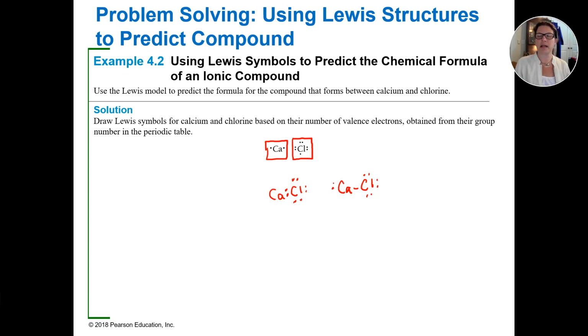But calcium still has an extra electron. And so that means another chlorine can come in and take that from the calcium. So now I have a second chlorine that's going to share.